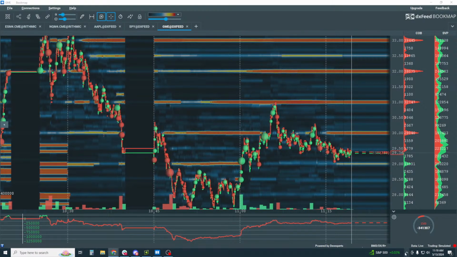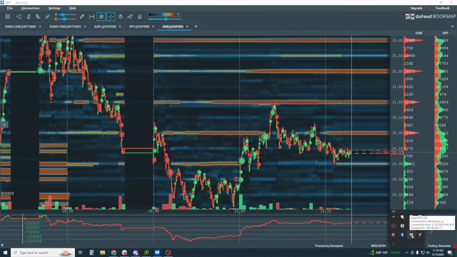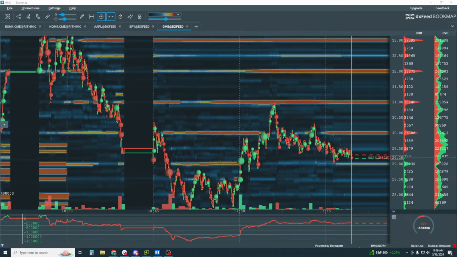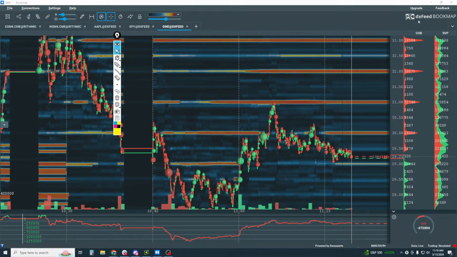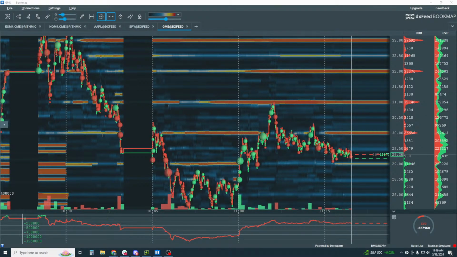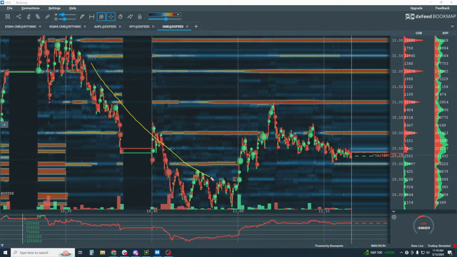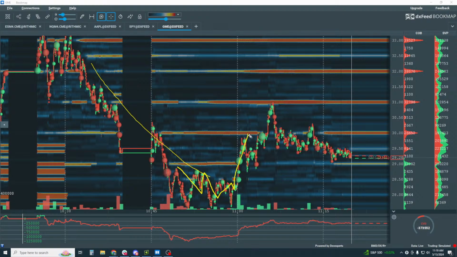Let me cover this. What I mean to say, and I've got to use that pen tool. It's not working at the moment, so let me restart it. Okay, let's try it again. So a lot of times we'll see this kind of move to the downside, and we get a reversal down here, right?